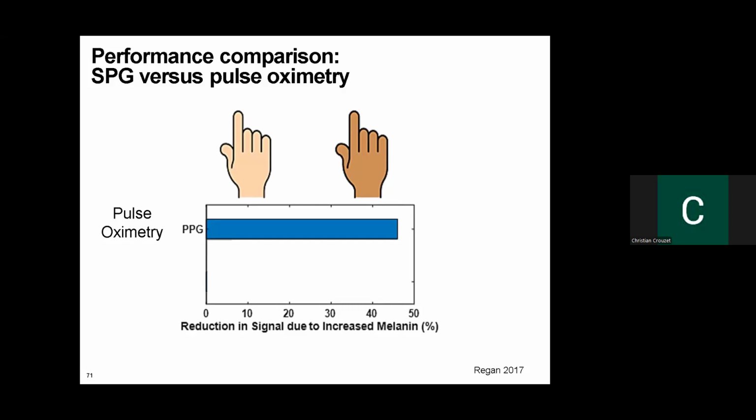With a melanin concentration in the tissue, the signal reduction with the PPG signal was about 45%. However, for the SPG signal, the LSI arm, there would be a reduction of less than 10%. So there is a very large difference between what melanin does to the PPG signal compared to SPG.